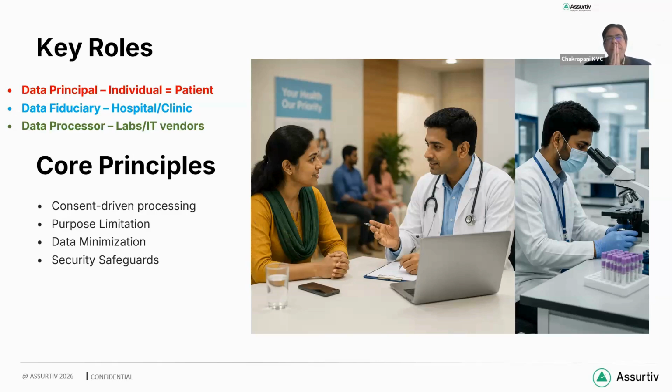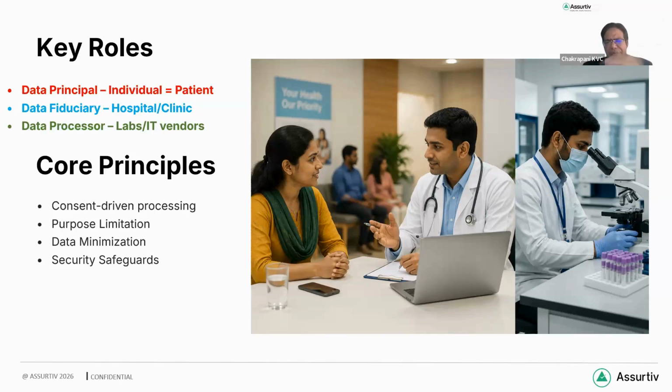And data fiduciary, for example a hospital or clinic, where they collect our data as a part of the requirement. And the data processor is the diagnostic labs, clinical research organizations, laboratories or IT vendors, who process our data.